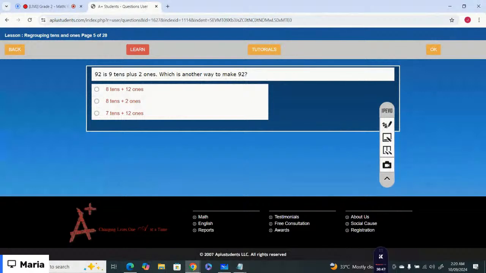So which is the correct option? That is 8 tens plus 12 ones, which is the correct option. Option number one is the correct option. Very good. You can complete the lesson by yourself later today. Let me just move on to the next lesson.